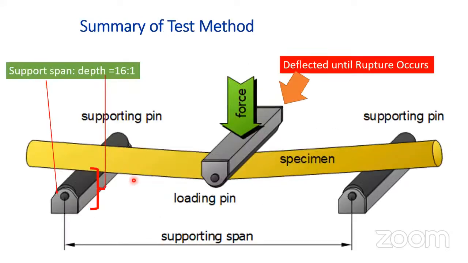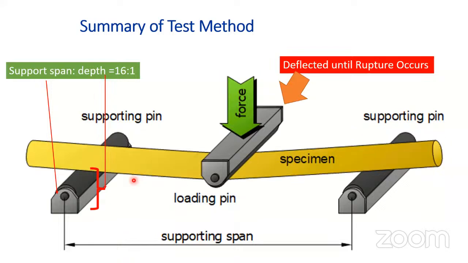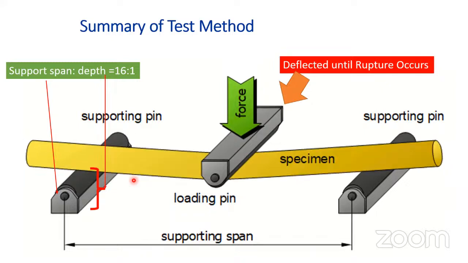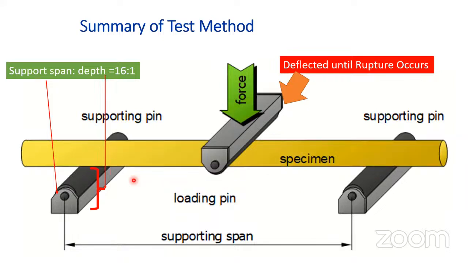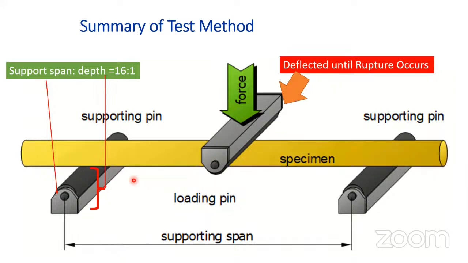Next, here you can see how that test will get performed. Have you seen the movement of the force? This is how your test will get performed in 3-point bending. Force will get applied at the center.